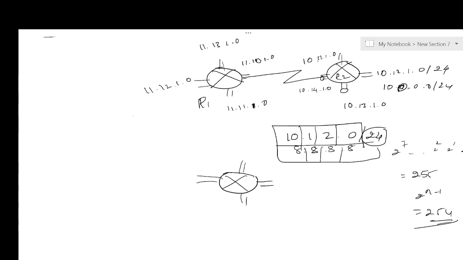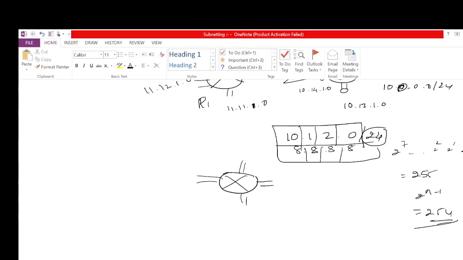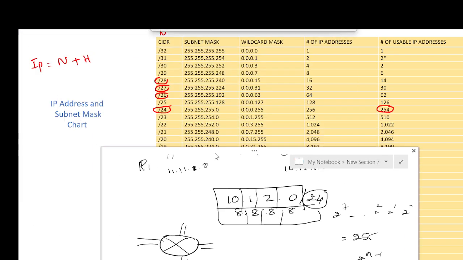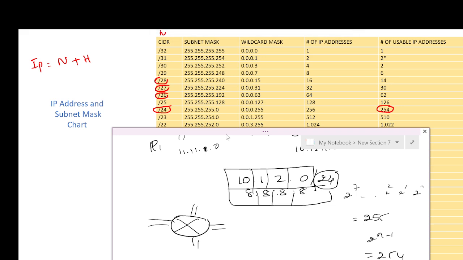Let me go back here and minimize this a little bit. So here, in this IP address, you are starting, and this is actually another router-facing IP address, now this one is switches.